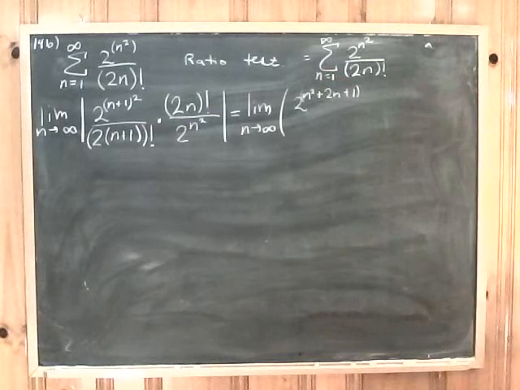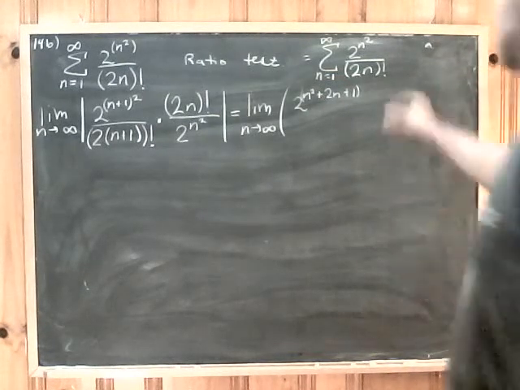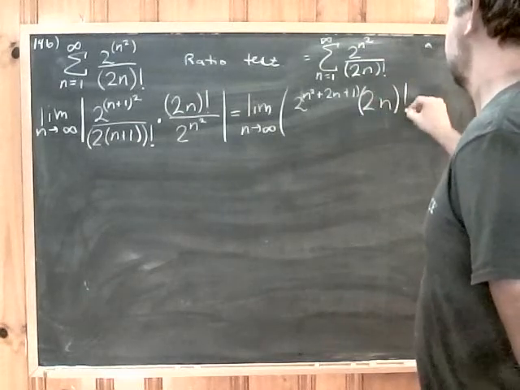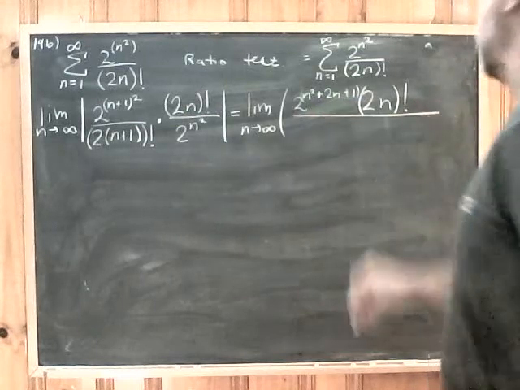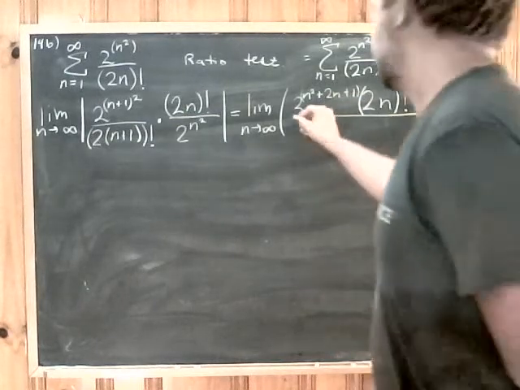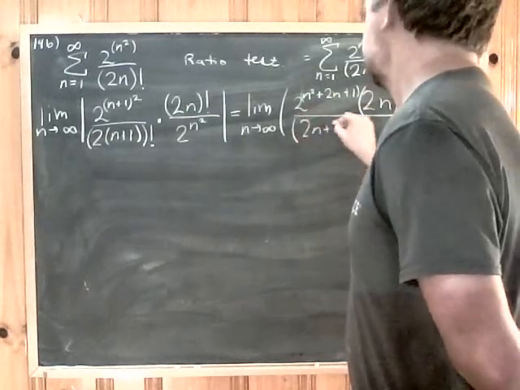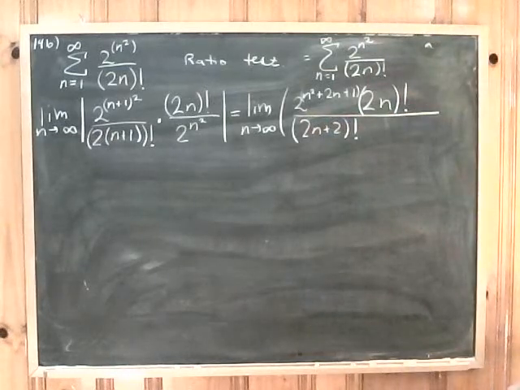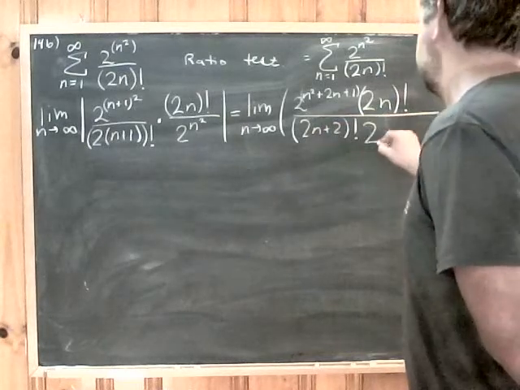That was doing FOIL on n plus 1 squared. And then I'll have (2n) factorial. And then underneath, make that a (2n plus 2) factorial, multiplying through the parentheses. And 2 to the n squared.